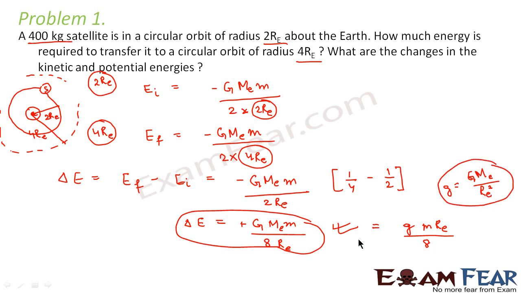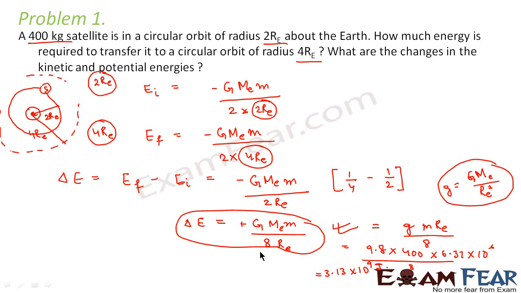Now if you put the value of g as 9.8, M as 400, RE as 6.37 into 10 to the power 6, divided by 8, you get the value as 3.13 into 10 to the power 9 joules.